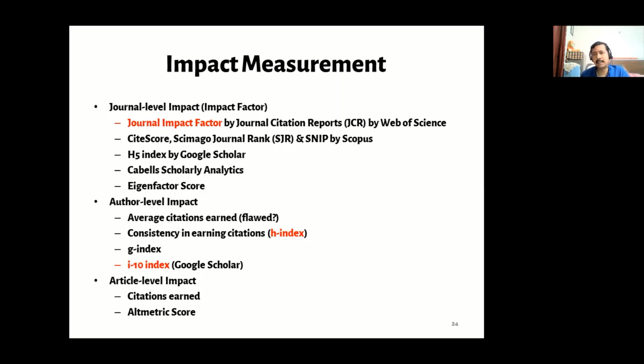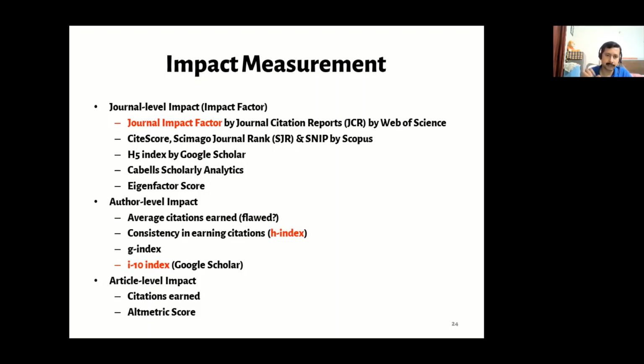Then consistency became an important consideration later. Then the h-index was devised in the year 2005 by Jorge Hirsch. And then came the g-index, and Google Scholar has also developed another index called the i10-index. So these are author level impact metrics.